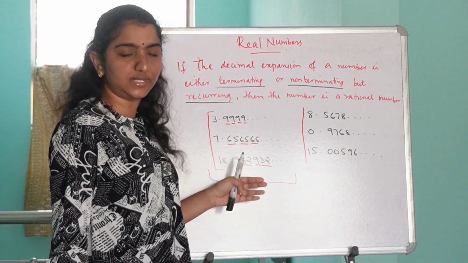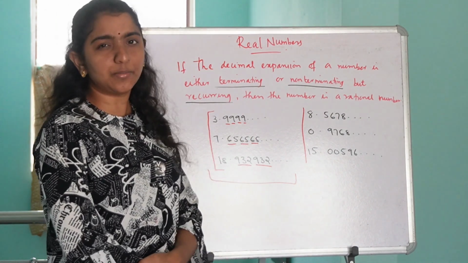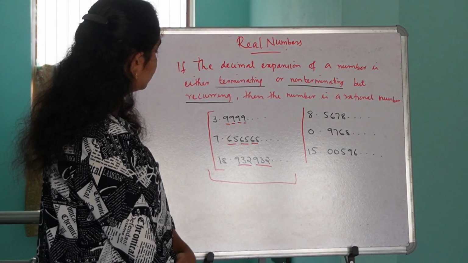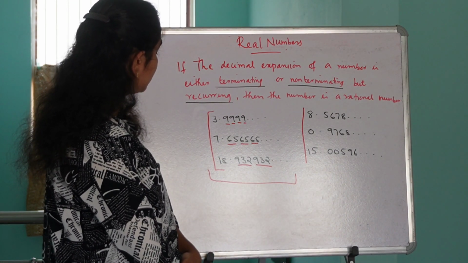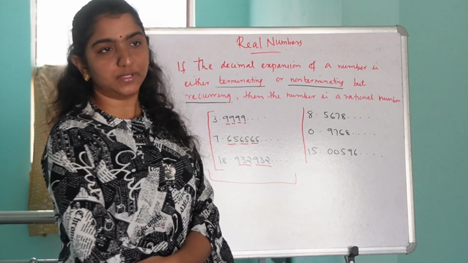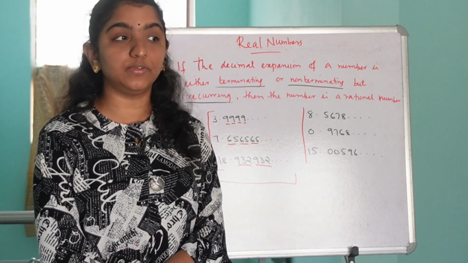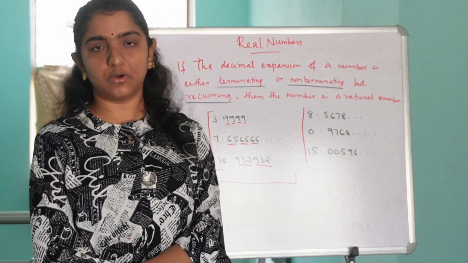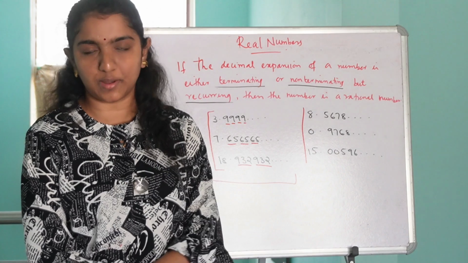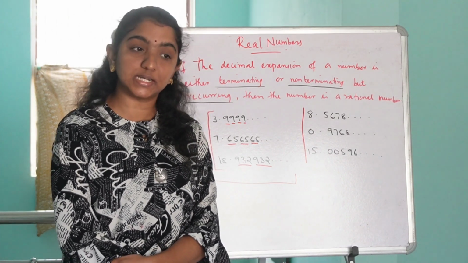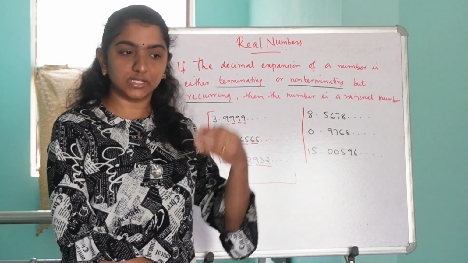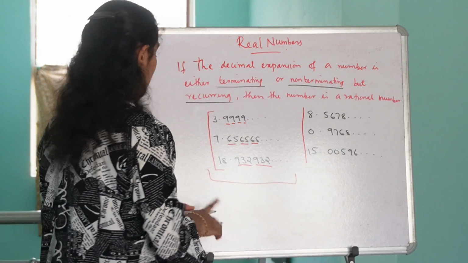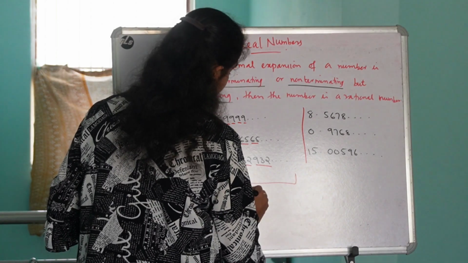Those decimal numbers in which either a single number or a sequence of numbers is getting repeated in a uniform manner are known as recurring decimal numbers.